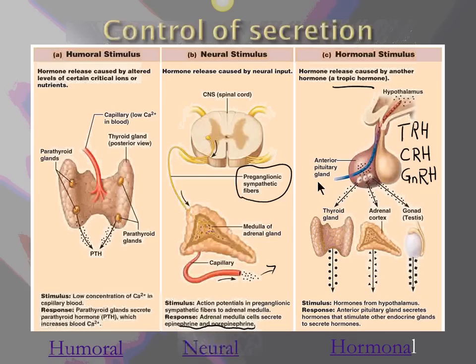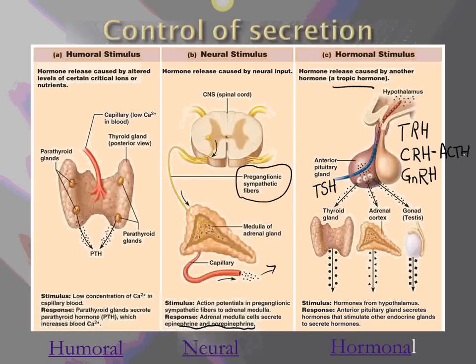So this passes and goes and acts on the pituitary gland. It acts on a part which we'll do subsequently. It acts on the anterior pituitary, causing the anterior pituitary to release other hormones. So the thyroid releasing hormone will cause release of something from the pituitary which is called thyroid stimulating hormone. The corticotropic releasing hormone in the pituitary will cause release of something known as adrenocorticotropic hormone.